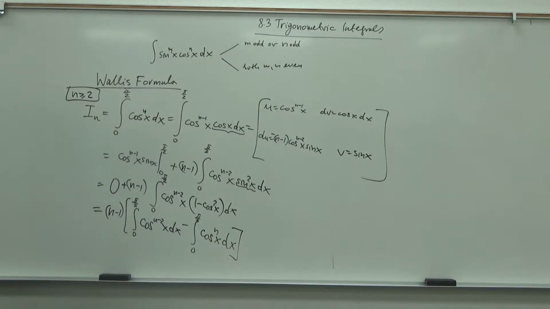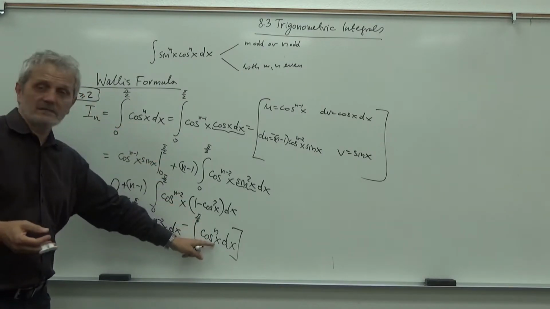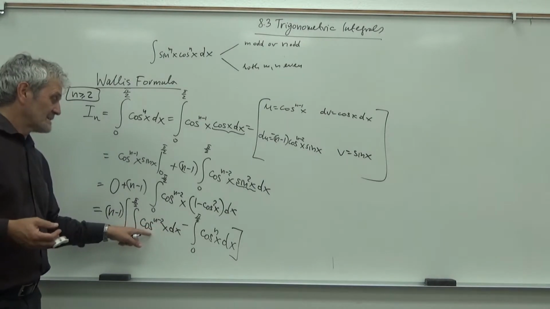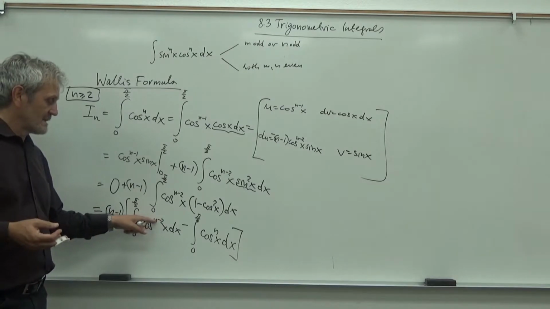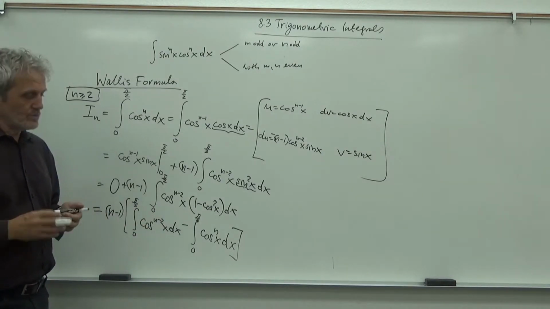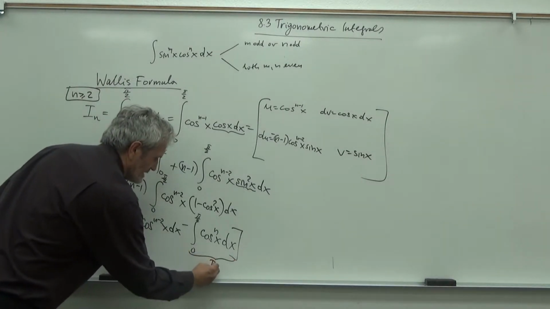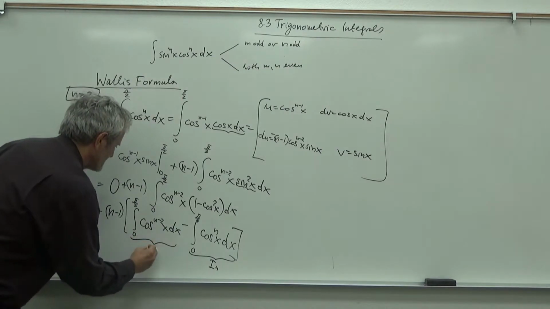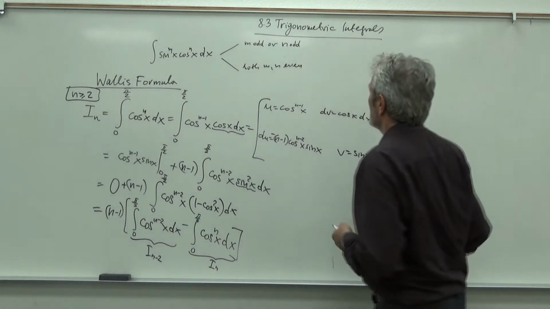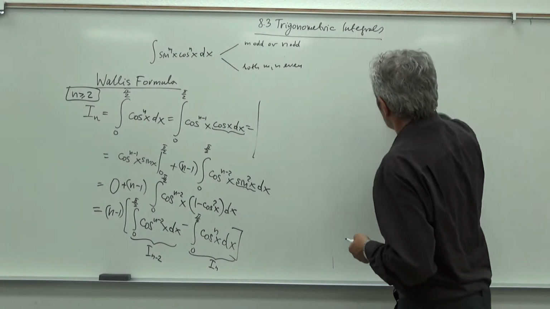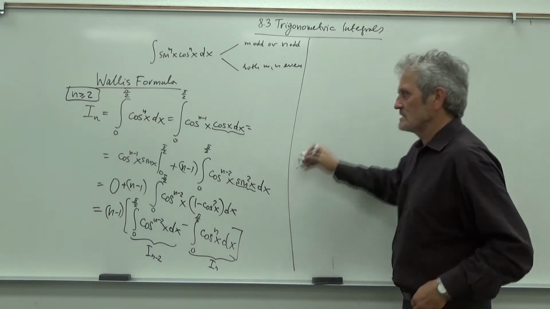So what happened here? I actually got my beginning integral here, like in the looping method. And here I got another integral of the same form, but with the index that's lower by 2. So this is In, and this is In minus 2. And the same way as in the looping method, I erase this so that we have clean space. Like in the looping method, we get the following equality.